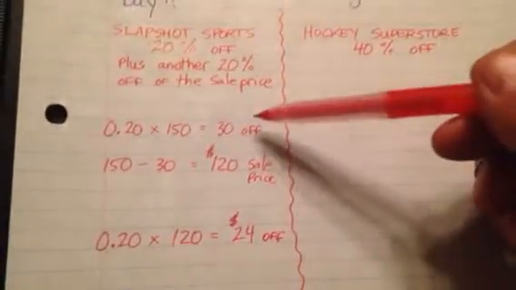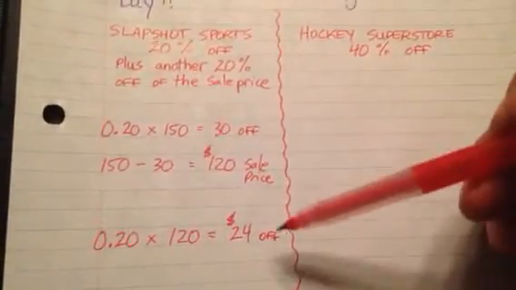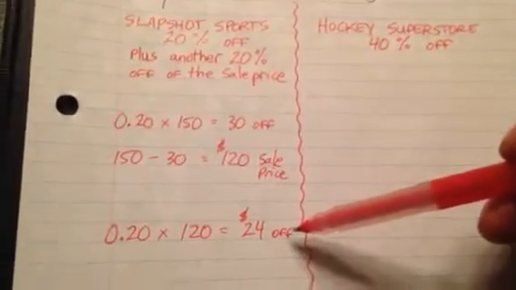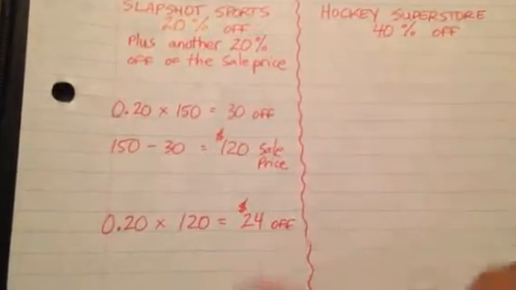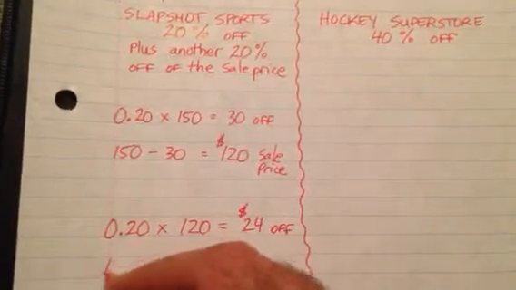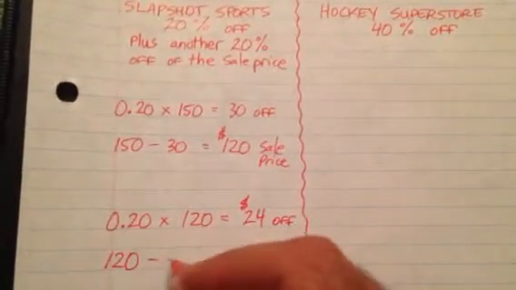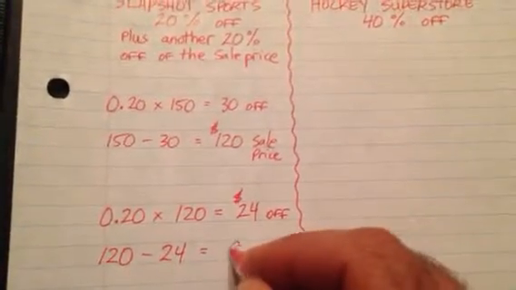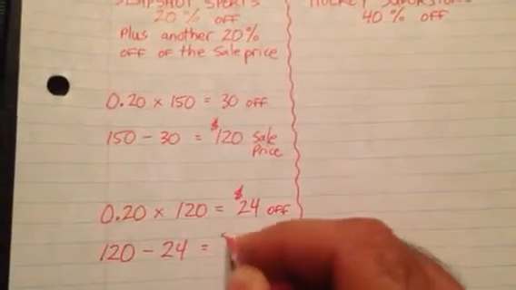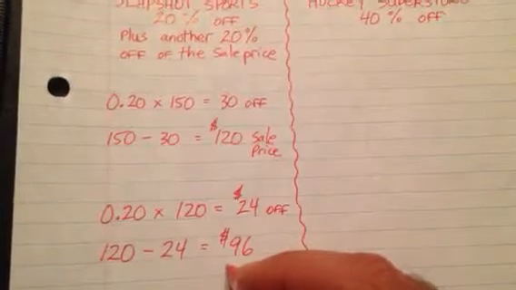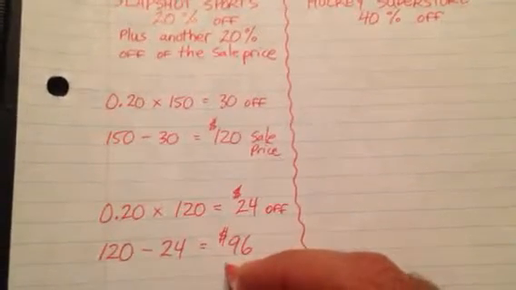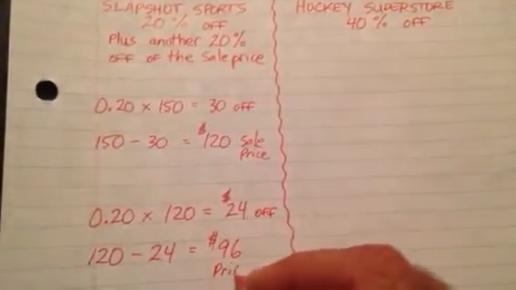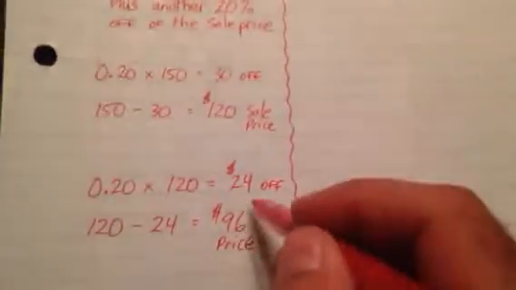So it's not the same $30 off. Because the price has been reduced, the actual sale is a little bit less on the second 20. So it's now 120 minus the 24, and that'll give us $96 final price, or what we still call a new sale price, right? I'll just put price. So that's what we're looking at right now.